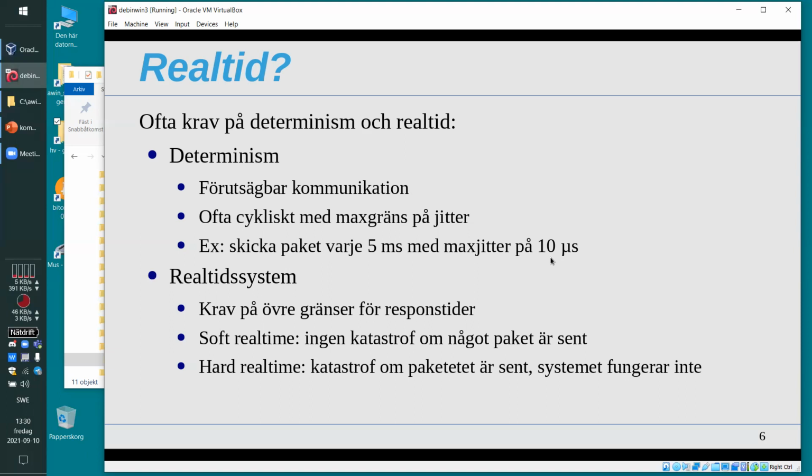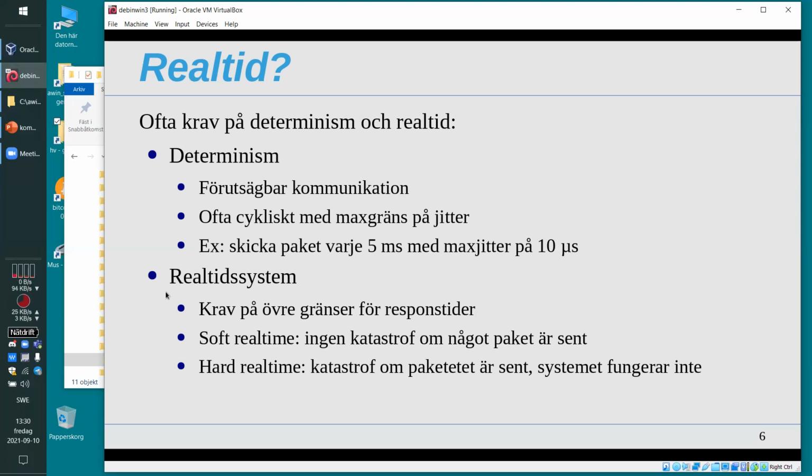So it should be regular, and when you send it, it should not get disturbed or delayed in some way. That's the jitter requirement. This is really very common, and this kind of determinism means you can be sure that the system works and does the same thing each time. So you can rely on it in some way.